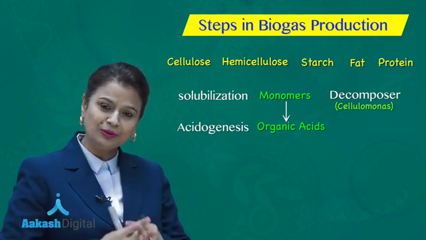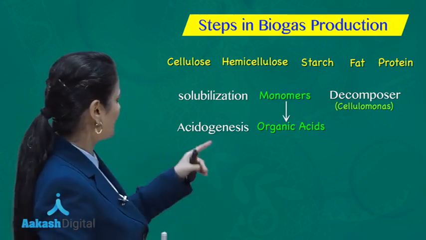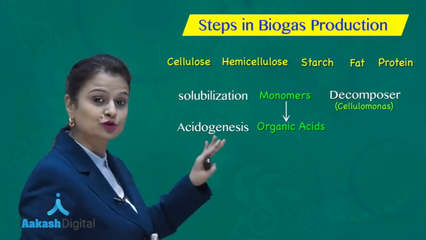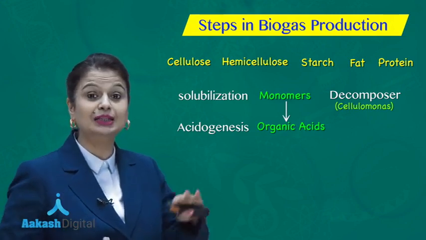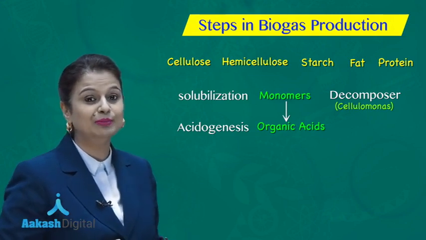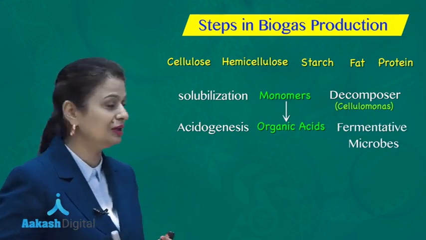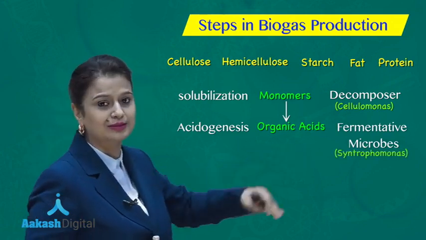It means through fermentation, lots of acids can be produced. That's why this step is known as acidogenesis. One main acid which will be produced here is acetic acid. So this step is done by fermenting bacteria, and one good example for this is Clostridium.